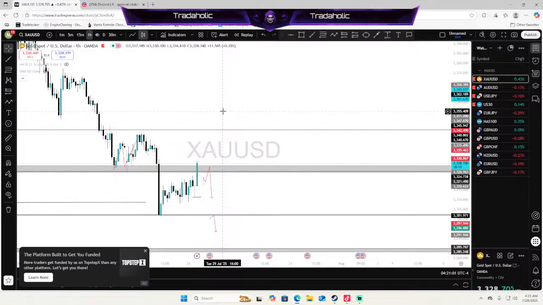But don't get accustomed to trying to catch the full move every time, because you're not going to catch every pip in the market. That's just the reality of trading, bro. Holding runners is good, right? It could be beneficial if you take partials out.